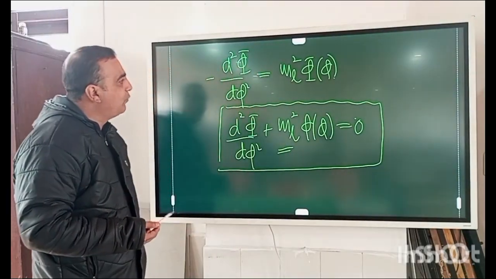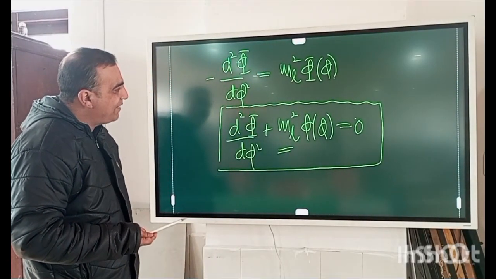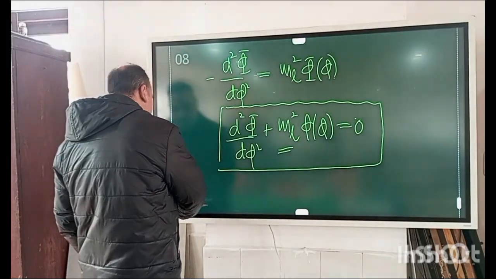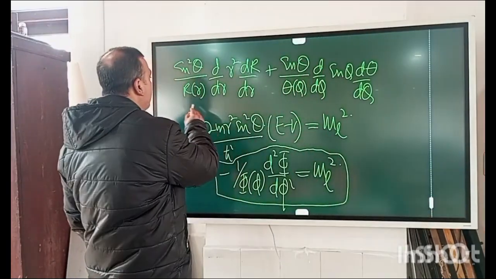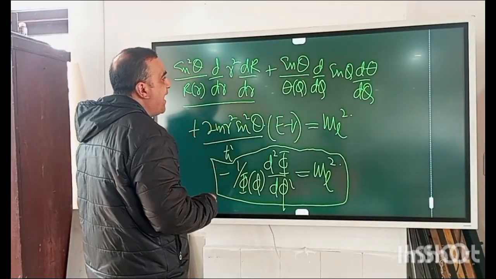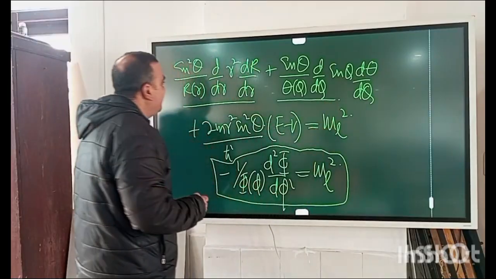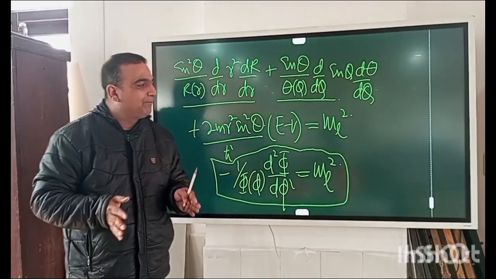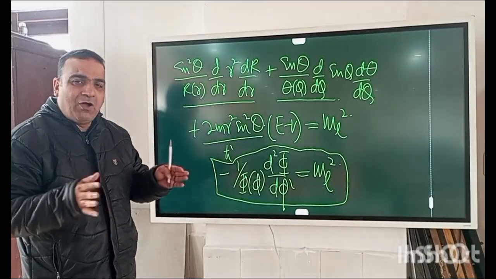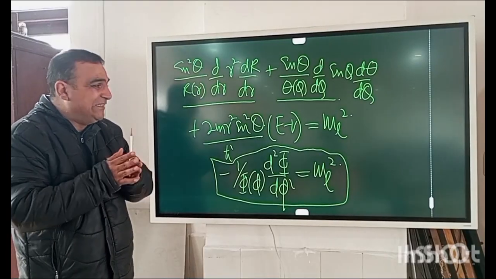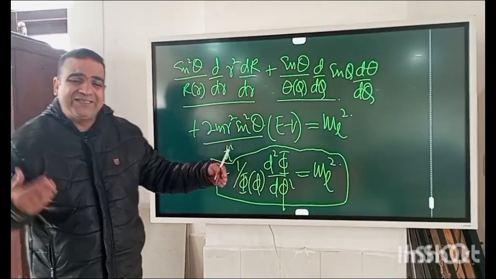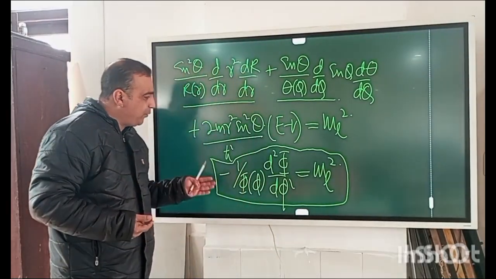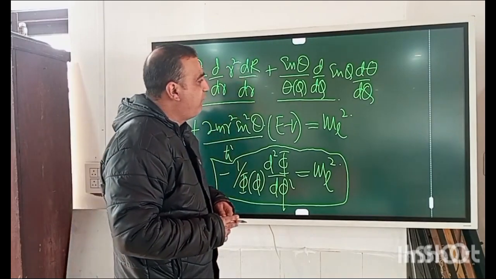Tomorrow we will write down the solution and break down the equation in terms of radius and θ. Finally, we have to come up with three equations, in which r, θ and φ are exclusively independent of each other: one in terms of θ, one in terms of r, and one in terms of φ.